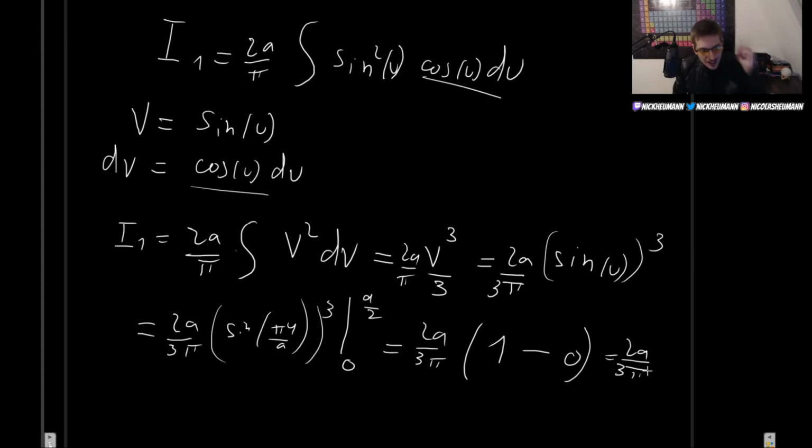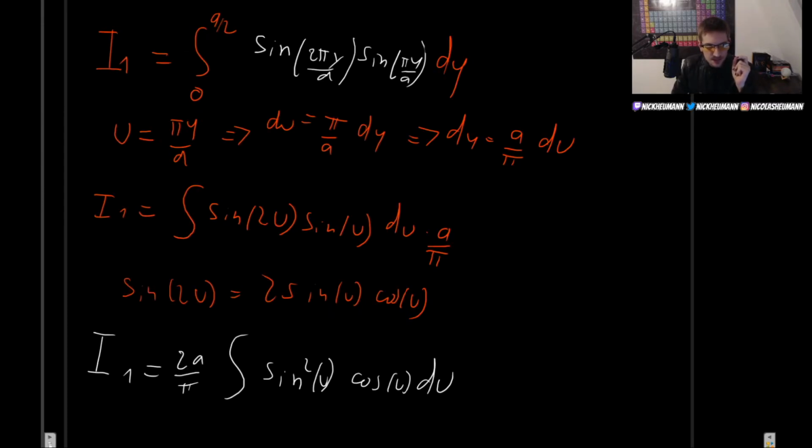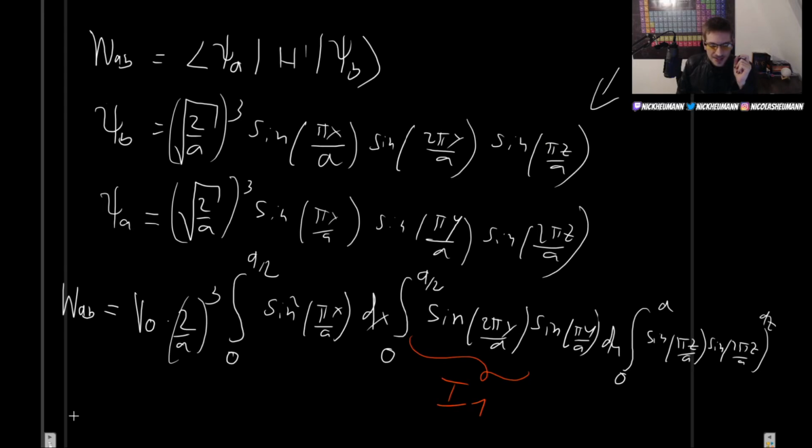Now we have one last integral to solve here, which is the integral of z. And if you look at it, it is the same beast that we just integrated, with the exception that our upper limit is a instead of a over 2. So let's go to our end result, because there's no reason to integrate this again.